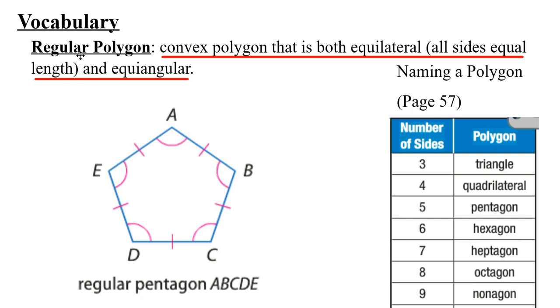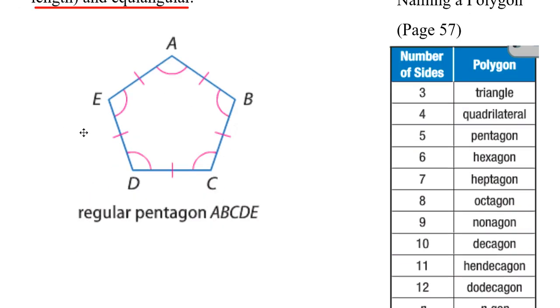There is no such thing as a regular polygon if the polygon is concave. It's a convex polygon that is both equilateral, meaning equal sides, and equiangular. If it's equal sides and equal angles and a convex polygon, it's a regular polygon. So this is a regular pentagon because there are 5 sides and the prefix pent is 5. This is a regular 5-sided polygon called a regular pentagon.